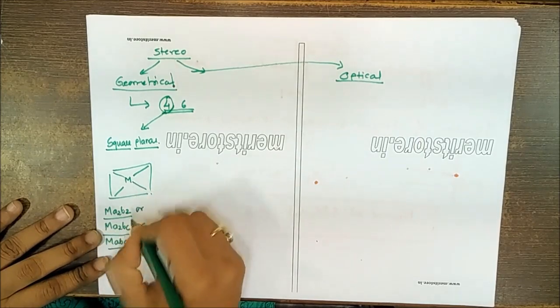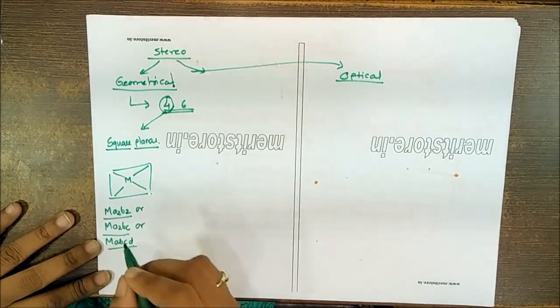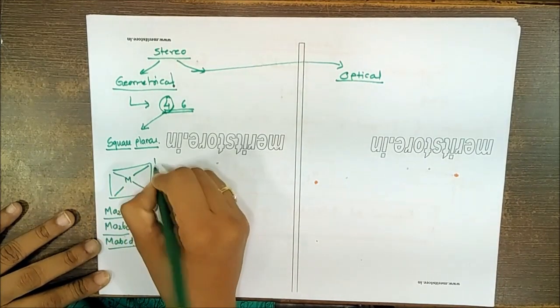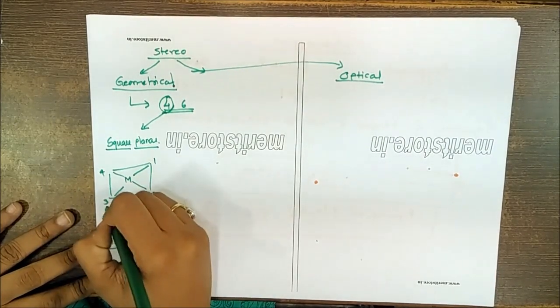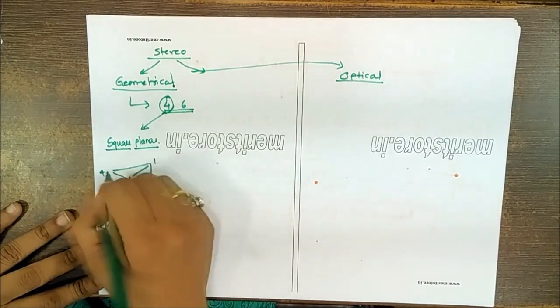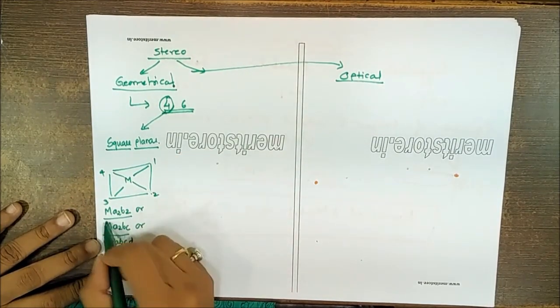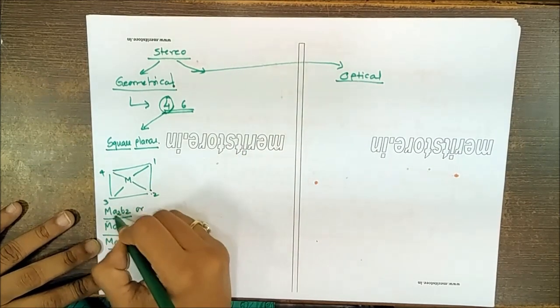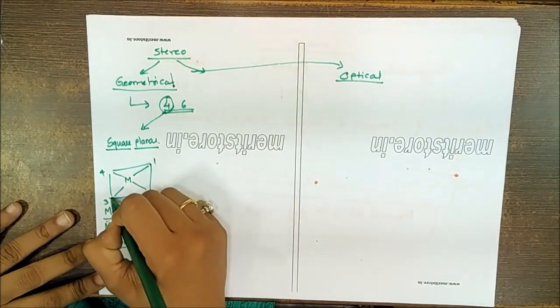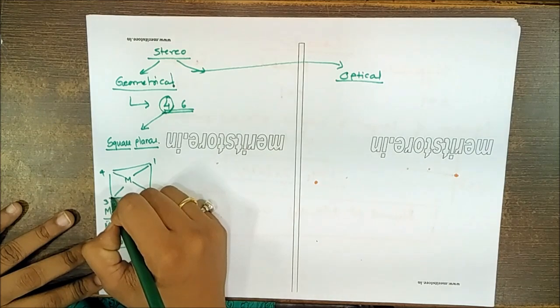These four types of complexes will show cis and trans. Always remember there are four positions, 1, 2, 3, 4. So 1, 2 or 2, 3 or 3, 4 or 1, 4 are adjacent to each other. When you have two ligands, let's say A is at positions 1 and 2, then it's cis. But if A is at positions 1 and 3, that will be trans in nature.